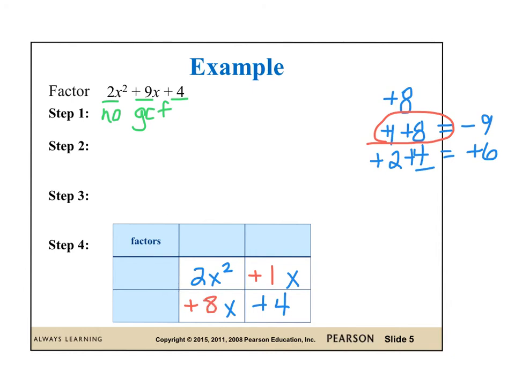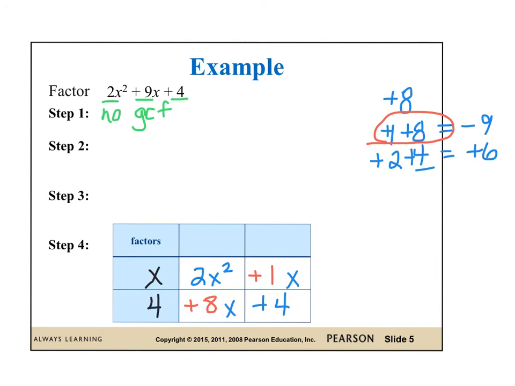And now we'll find our greatest common factors. Looking at 2x squared and 1x in our first row, the only thing they have in common is an x. And 4 will divide 4 and will also divide 8.